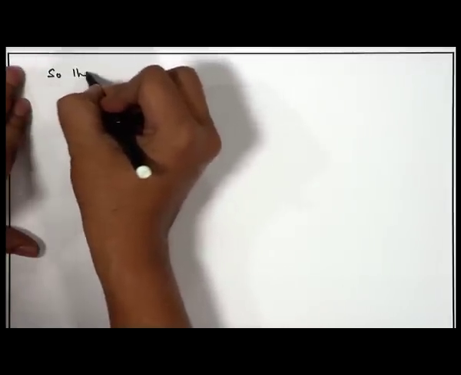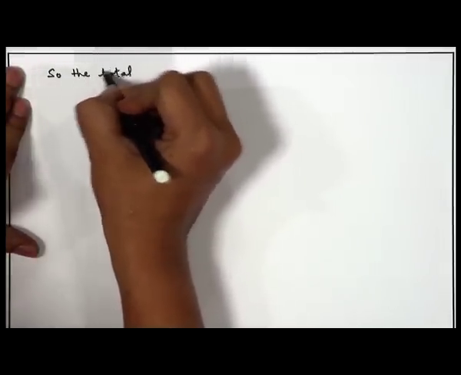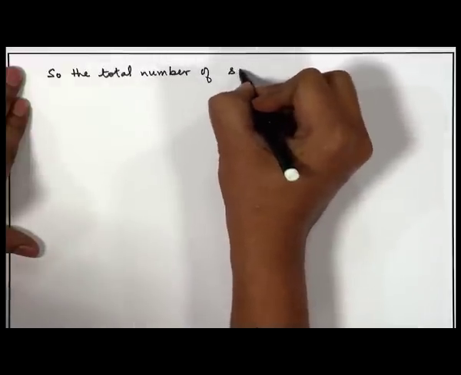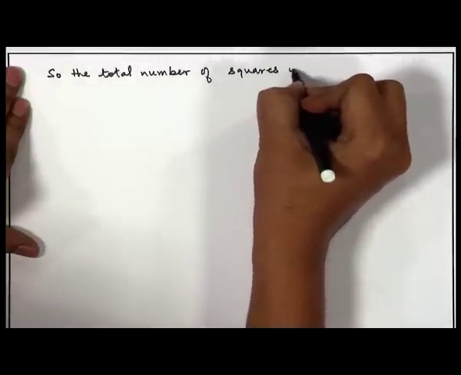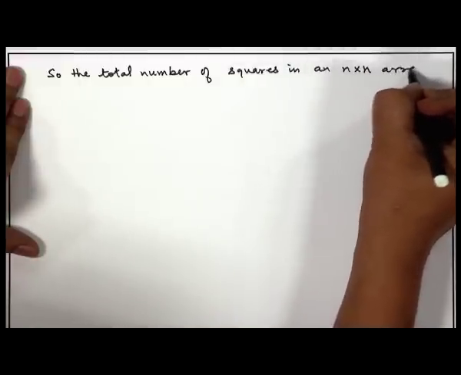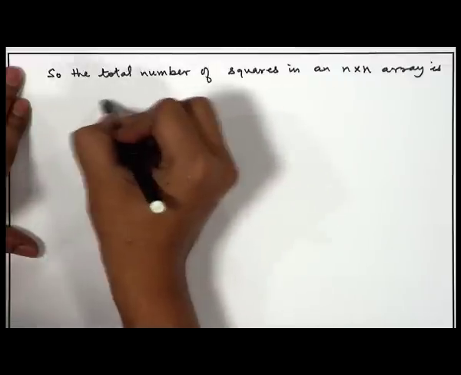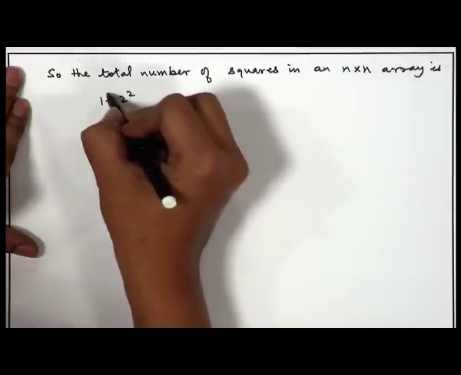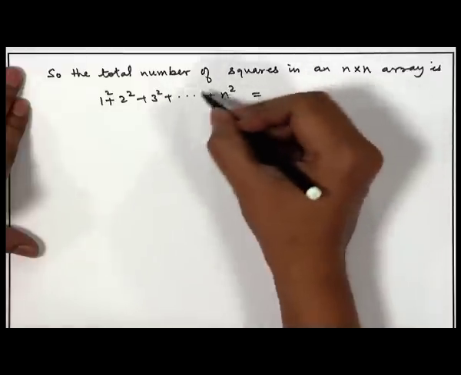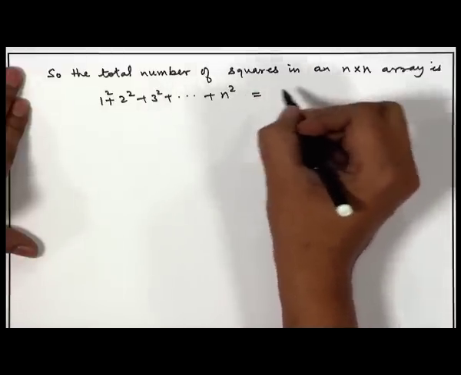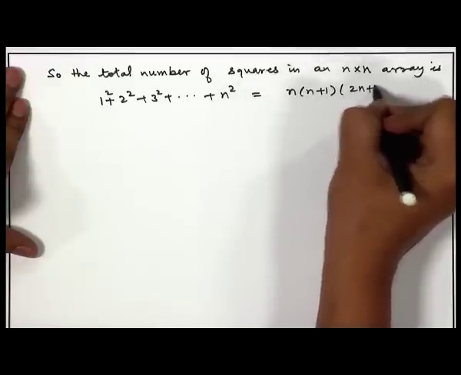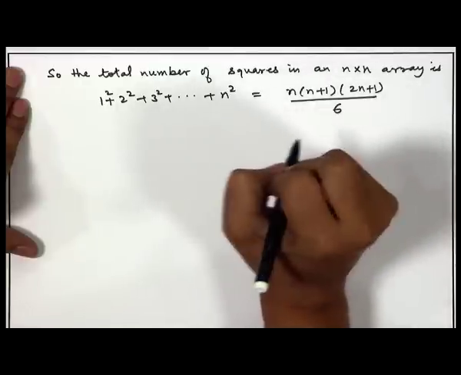So, the total number of squares in an n by n array is 1 plus 2 square plus 3 square plus and so on up to n square. You have done the formula for that, it is actually n into (n plus 1) into (2n plus 1) by 6.